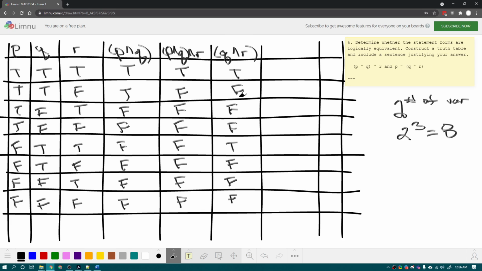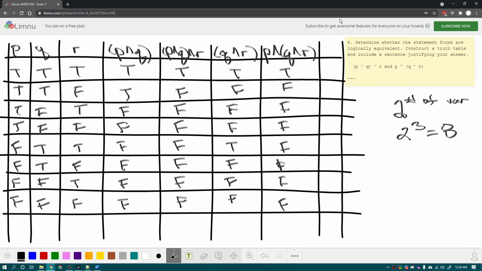And now I'm going to combine this column, the one I just wrote, with the first column, with an AND. Okay? So that is going to be P and the quantity Q and R. And so this is going to be true, false, false, false, false, false, false, and false.